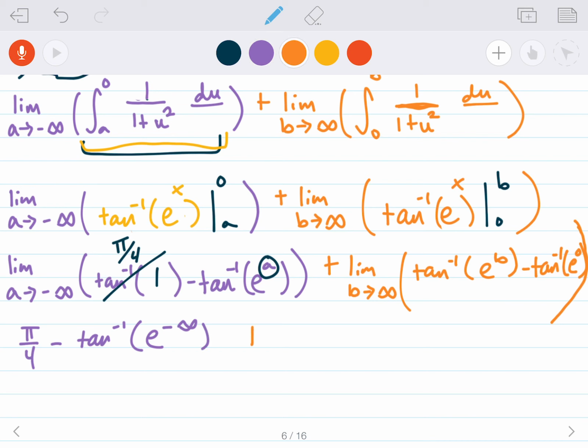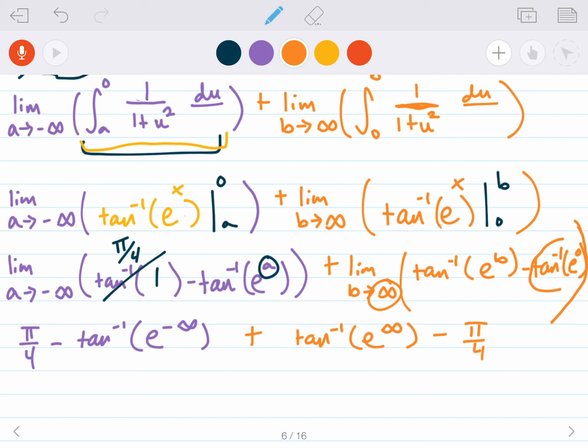And then over here, when I evaluate at b approaches infinity, I get tan inverse of e to the infinity minus, and then this part, this is again tan inverse of 1, which is pi over 4.